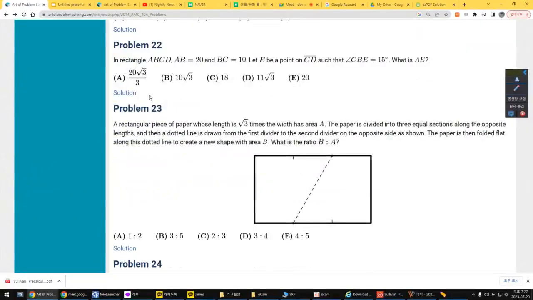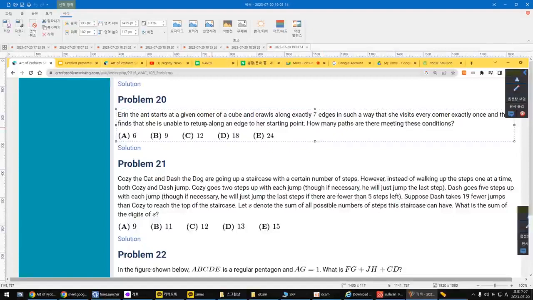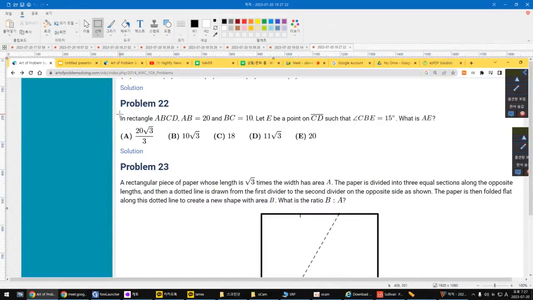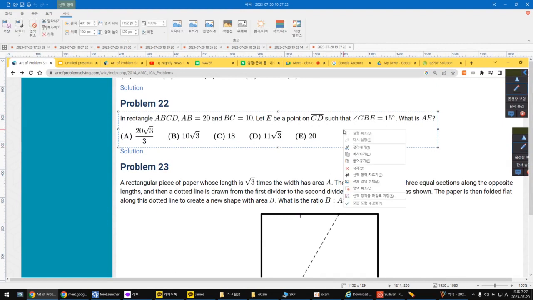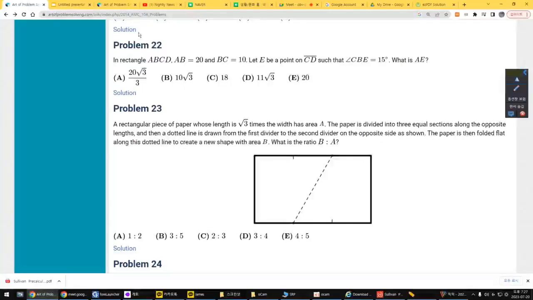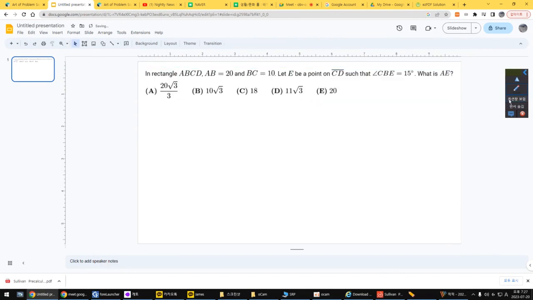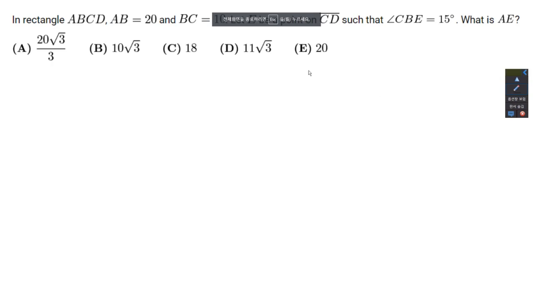And for number 22, there is a rectangle, and the length is 2 times the width. So let's make the rectangle.